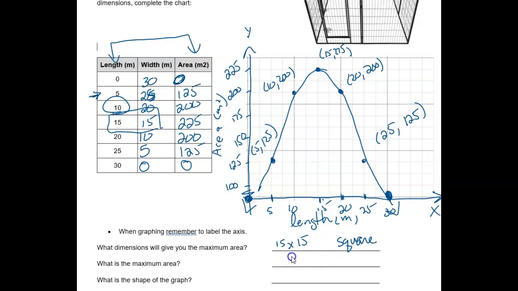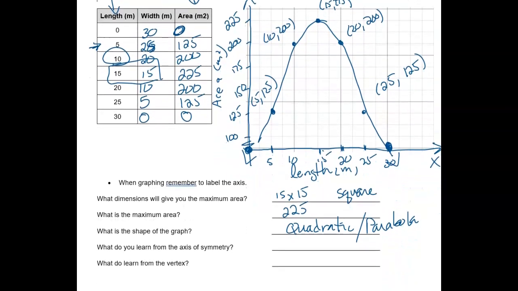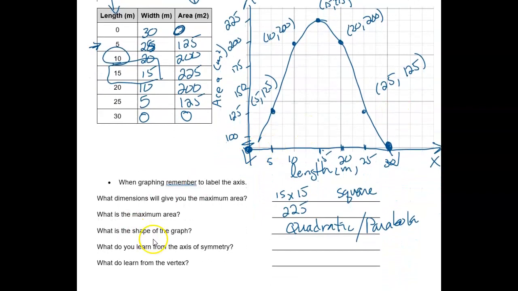So what is the maximum area? 225. We got that from a chart. What's the shape of the graph? Well, the graph is a quadratic or parabola. Now, we have an axis of symmetry and vertex.